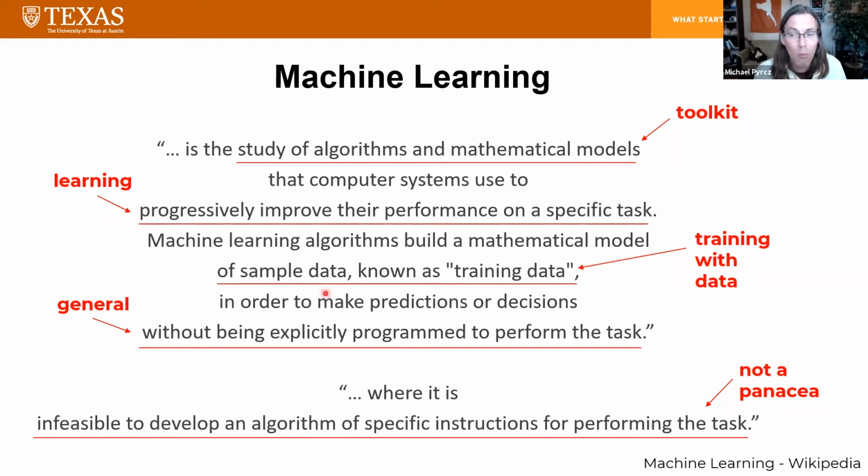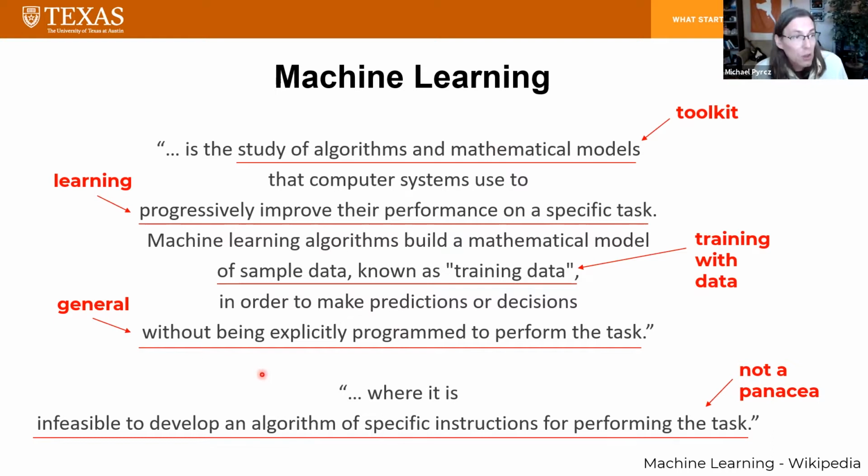They build the mathematical model on sample data. Training data is essential. Those are the three components so far, without being explicitly programmed to perform that task. Generalizable. These are a toolkit of methods that learn on data and can work on a variety of problems.